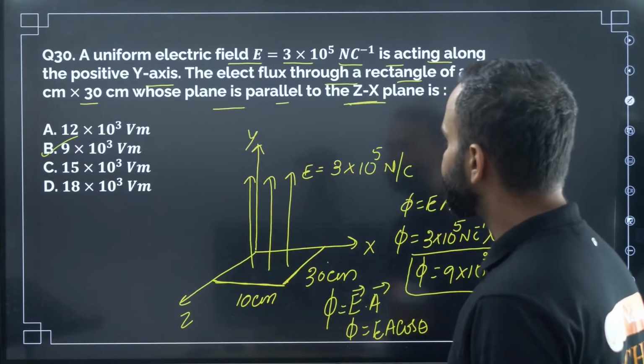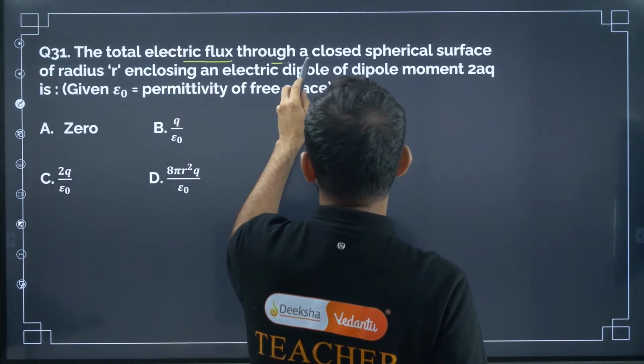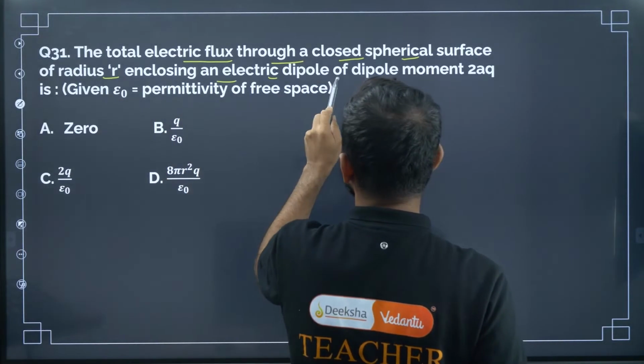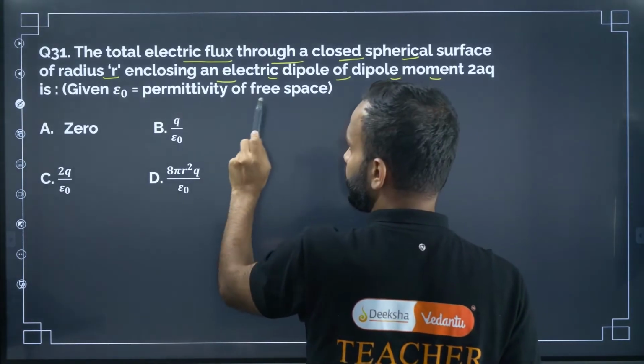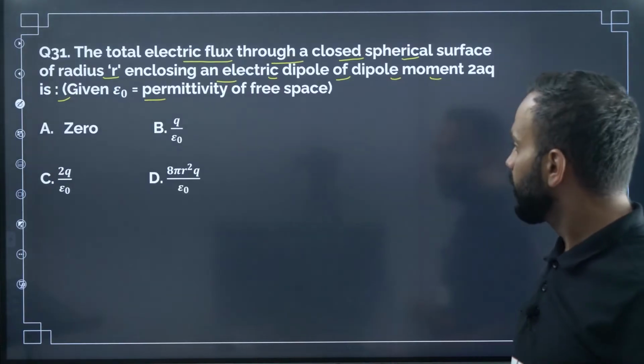Okay. 31st, the total electric flux through a closed spherical surface of radius r enclosing an electric dipole of dipole moment 2aq, given epsilon naught equal to permittivity of free space, right?